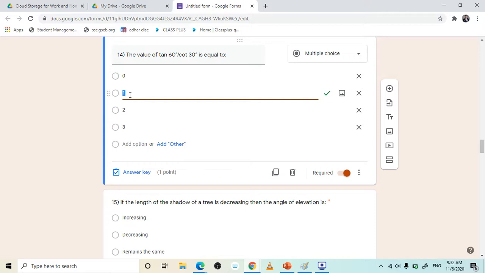Tan 60 means root 3, and 1 upon cot 30 is again root 3, its reciprocal. So root 3 by root 3 will cancel. So the answer is 1 here. So B is the answer. It is not required to solve.